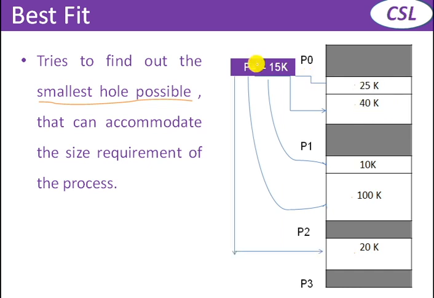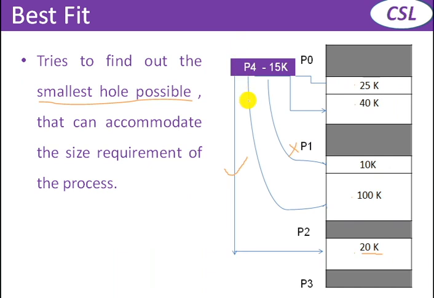So 15 can be accommodated with 25, 40 and 100, but 10K it is not accommodated, so you simply remove it. So among these 25, 40 and 20, the 20K is the small enough partition to accommodate.